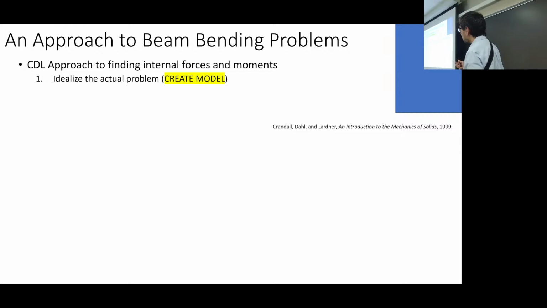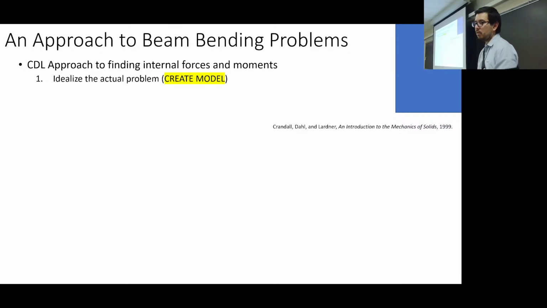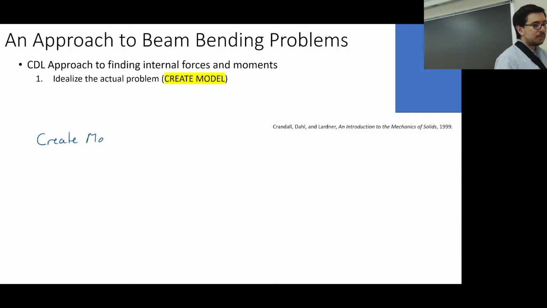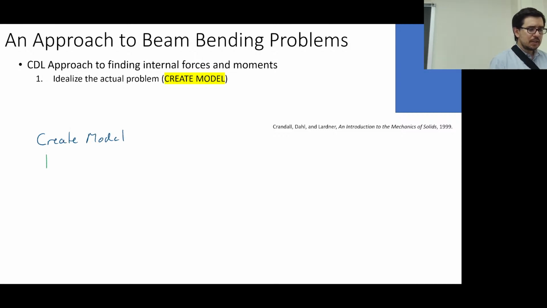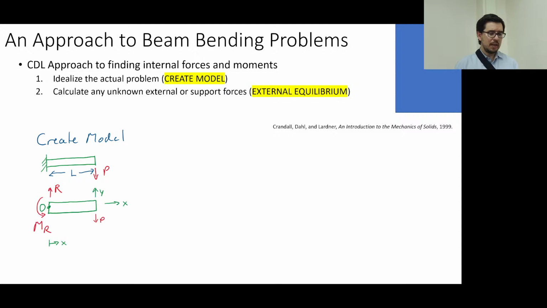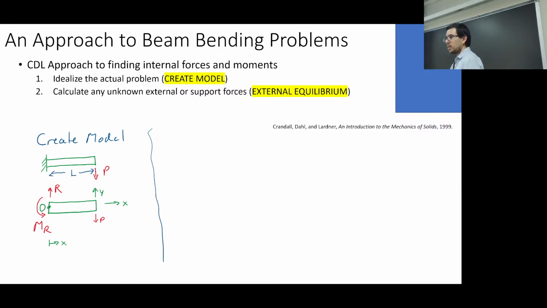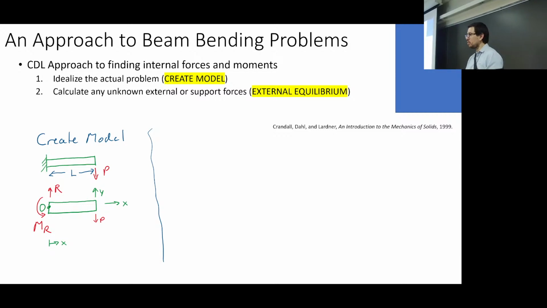The first step here, by CDL, Crandall, Dahl, and Lardner, is to create a model. The second step, as we discussed, is to calculate the external equilibrium. It was kind of assumed that you would create a model first.